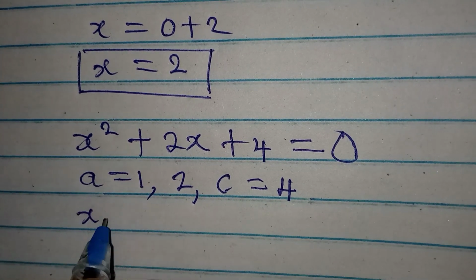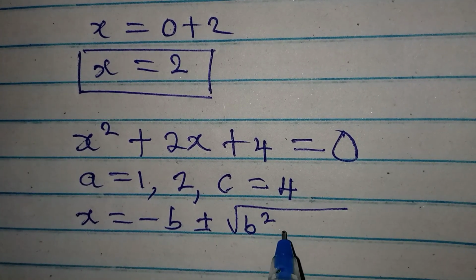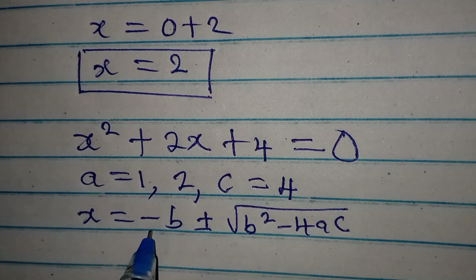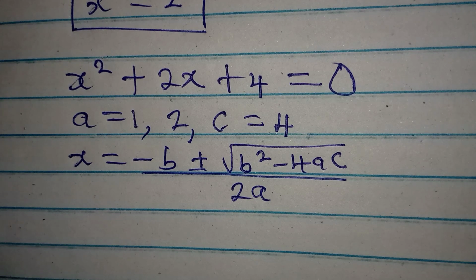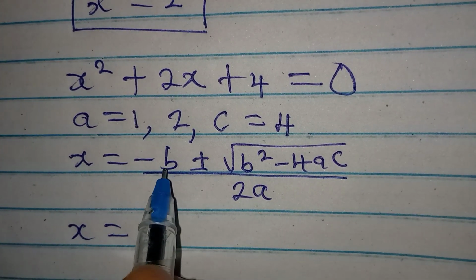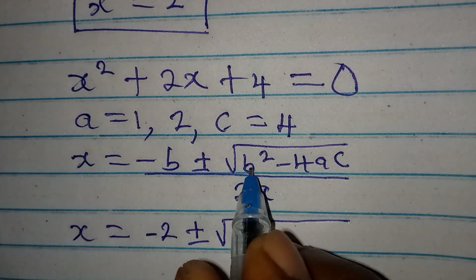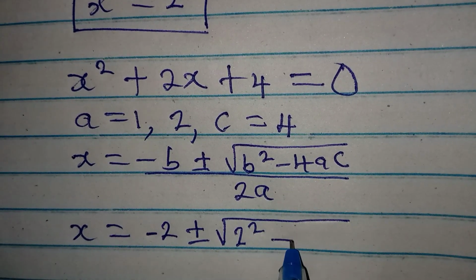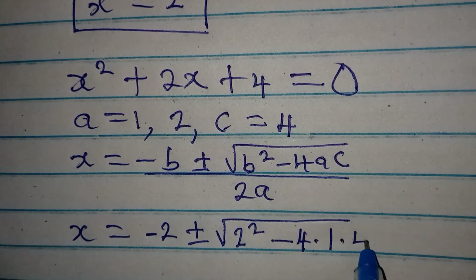The formula is x equal to minus b plus or minus square root of b squared minus 4ac. The whole of this is over 2 multiplied by a. So what we will do now is to substitute this into the formula. So our x becomes minus b, which is now minus 2, plus or minus, we'll now have b squared, which is 2 squared now, minus 4 multiplied by a multiplied by 4, because c is 4.